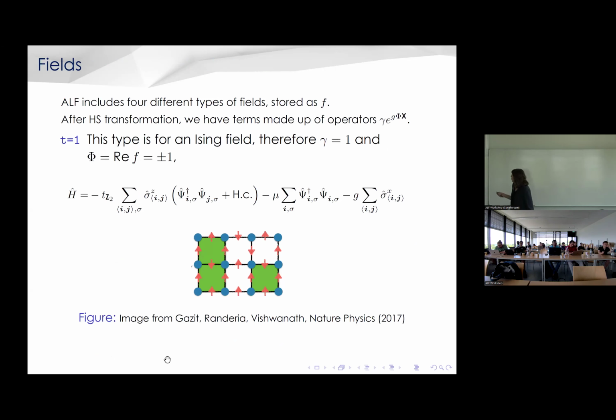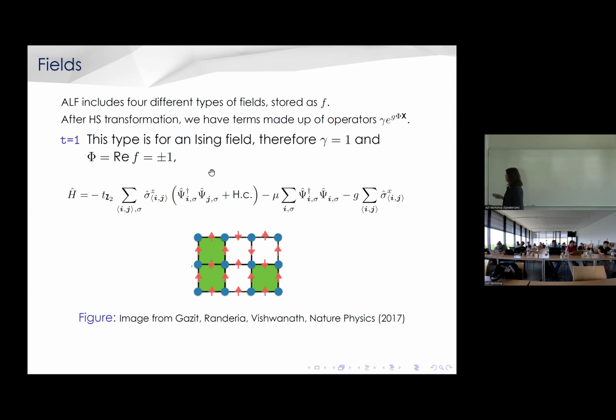We have four types of field options currently, and they're stored in this F value, which could be complex and is complex in general. I think I had a question about this yesterday. The first type is for an Ising field, where this field value is completely real, and the real part is just ±1, which is stored.